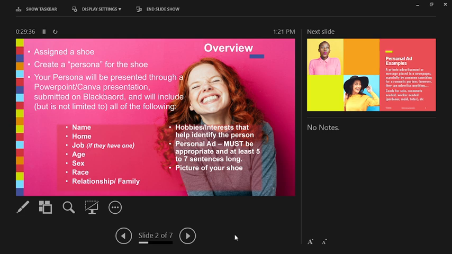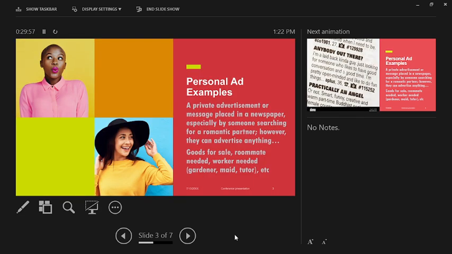And then, of course, you have to do a personal ad. The personal ad must be appropriate and 5 to 7 sentences long. That's not that long. You also have to include a picture of your shoe. There are pictures on this PowerPoint, so all you have to do is open the PowerPoint up at home, copy and paste the picture into whatever document you want it in, okay? So it's really pretty simple.